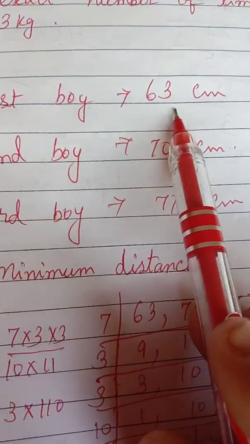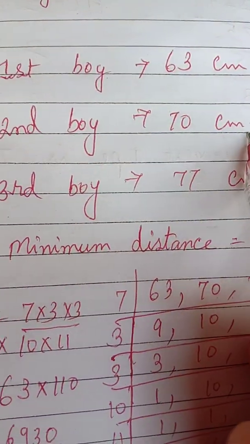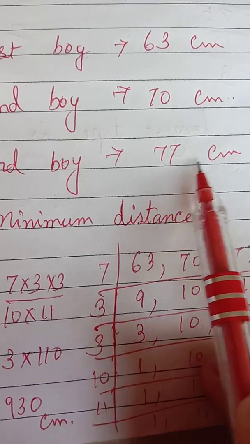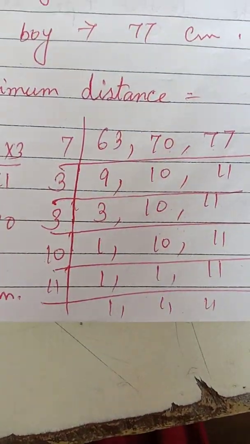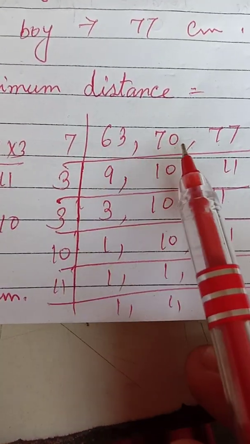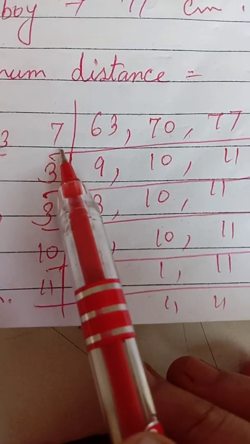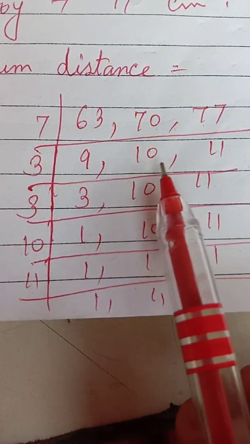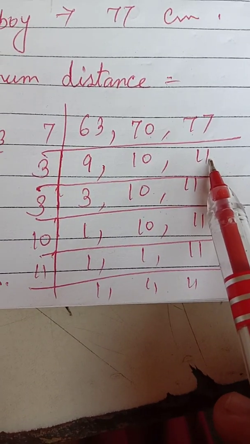First boy 63 centimeter, second boy 70 centimeter, whereas third boy 77 centimeter. So minimum distance we have to calculate LCM of the given digits, that is 63, 70 and 77. Start by 7, 7 9s are 63, 7 10s are 70 and 7 11s are 77.